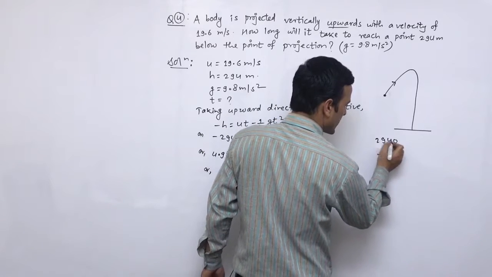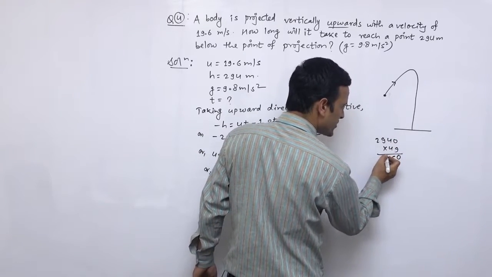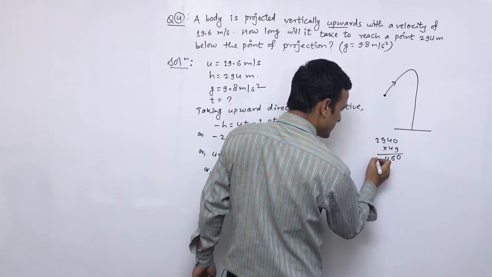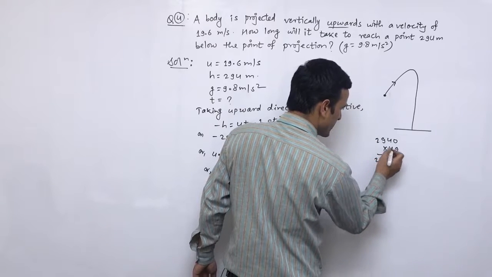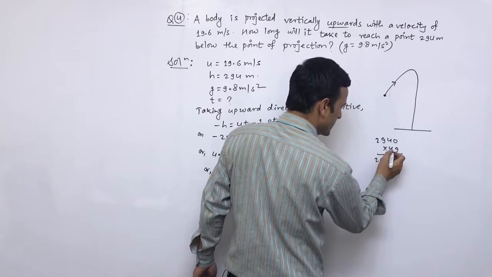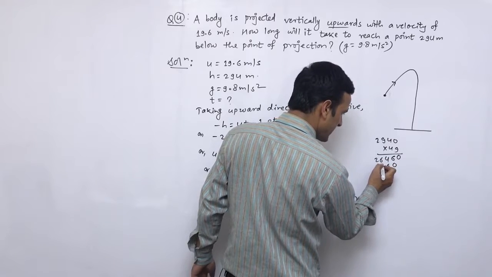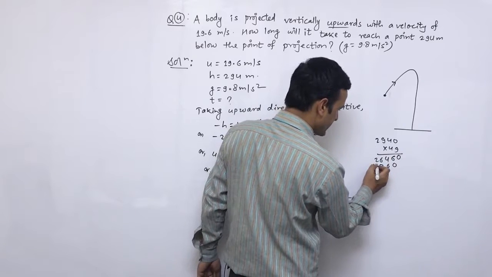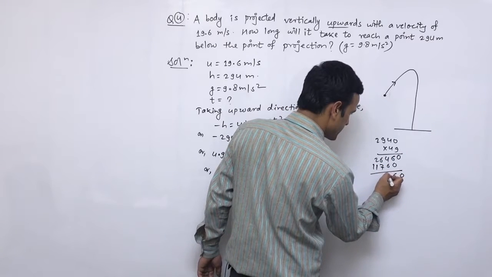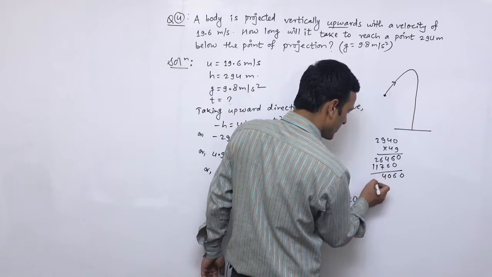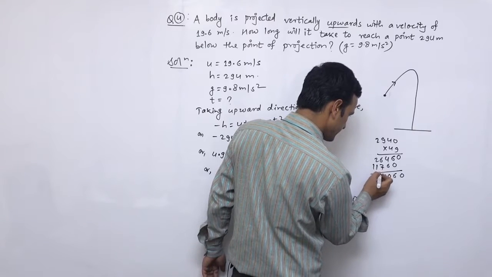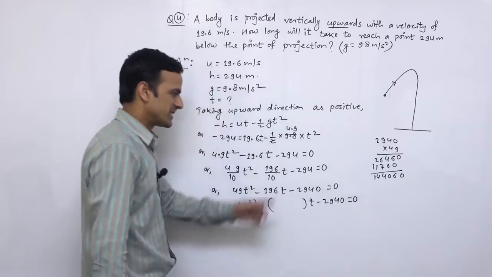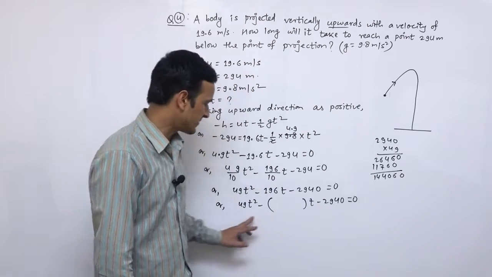So 9 4s are 36, 9 9s are 81, 81 plus 3 is 84, carry over 8, 9 2s are 18, 18 plus 8, 26. 4 4s are 16, 4 9s are 36 and 37, and 4 2s are 8, 8 plus 3 is 11. So this is the total result of this.